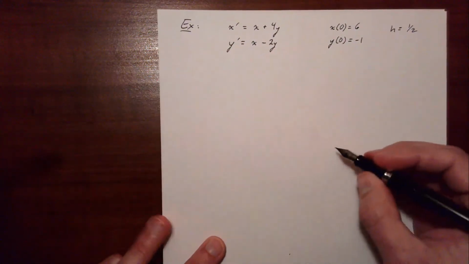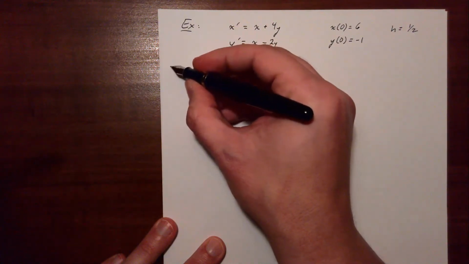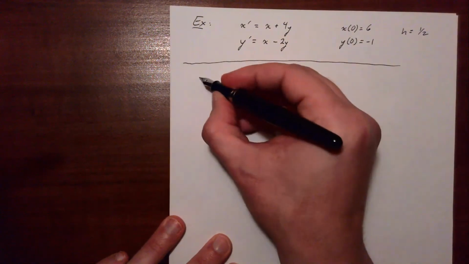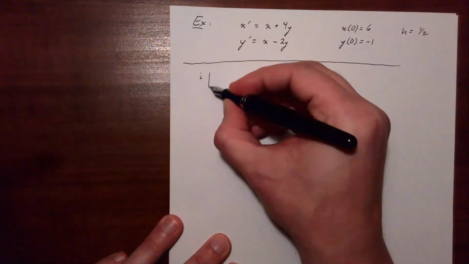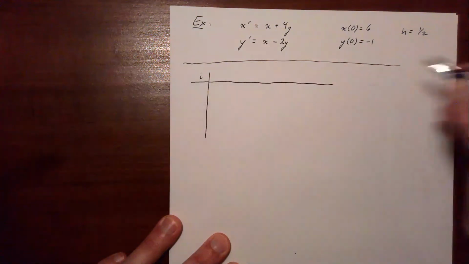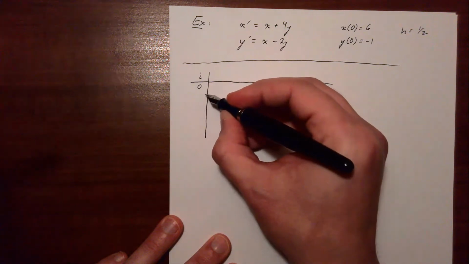And what we'll do is make ourselves a nice little table. Our table is going to have i values representing which stage in the process we are on. We'll start with i equals 0 to mean the initial condition.